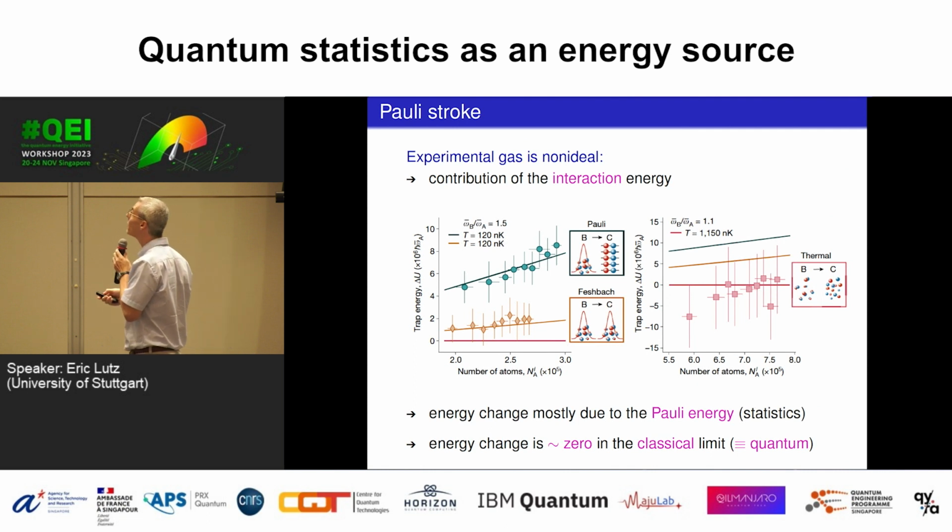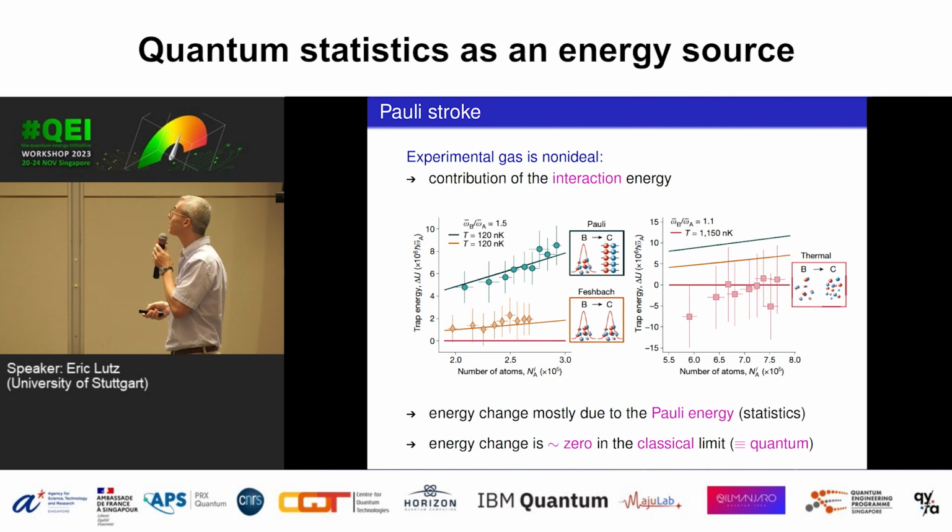So what you see on the left-hand side is the change in the energy of the trap during this fermionization part. So what you see on these greenish dots is what you do when you compress and change the statistics at the same time. So we go from BEC to Fermi as a function of the number of atoms.